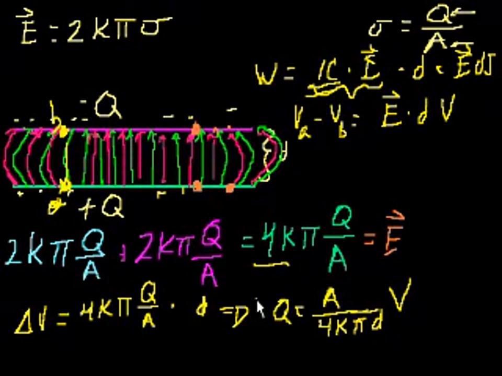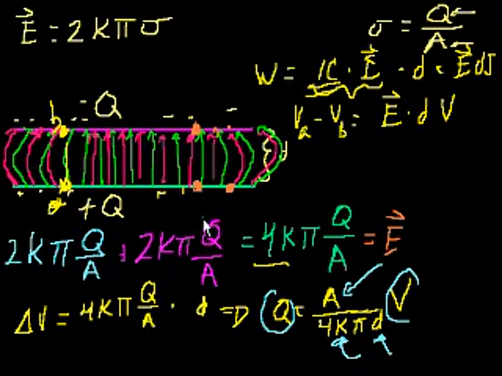And why is this interesting? Why did I go through all of this work to get to this relationship? Well, what it shows you is, if we assume that the area of the plates isn't changing, that's a constant. And if we assume that the distance between the plates doesn't change, there's a proportional relationship between the voltage and the combined charge in the plates.